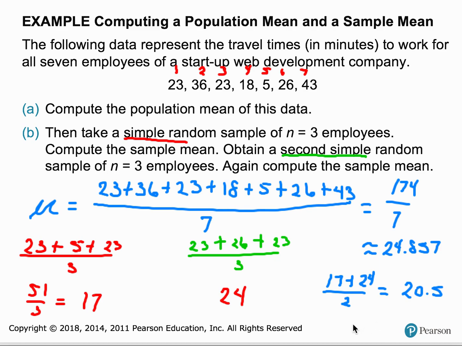Okay, that makes sense. Computing the mean, you just add them all up, divide by how many there are. So here's our population mean, and this is a sample mean because I took it from the samples.